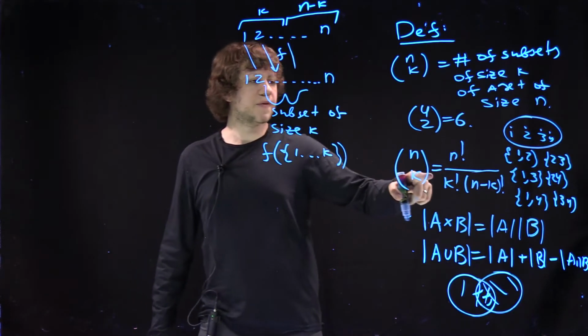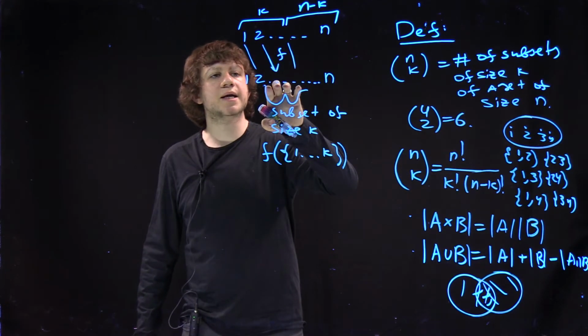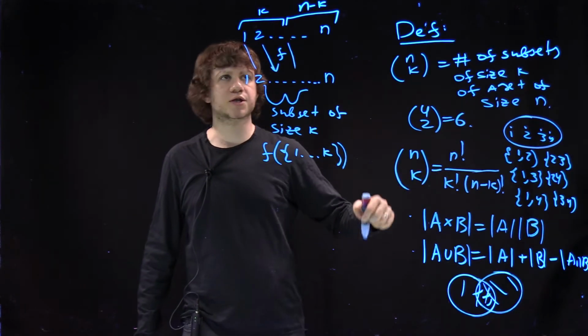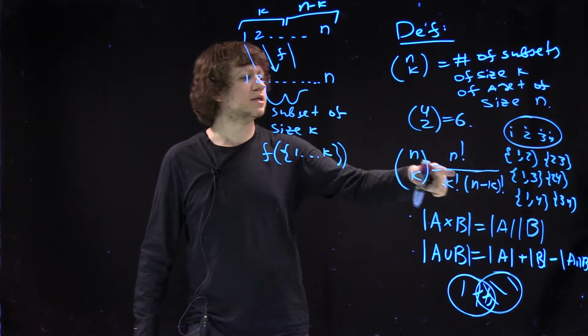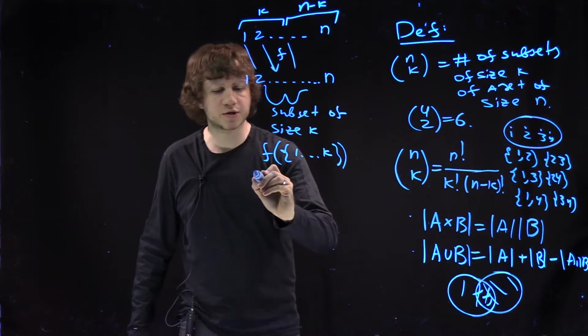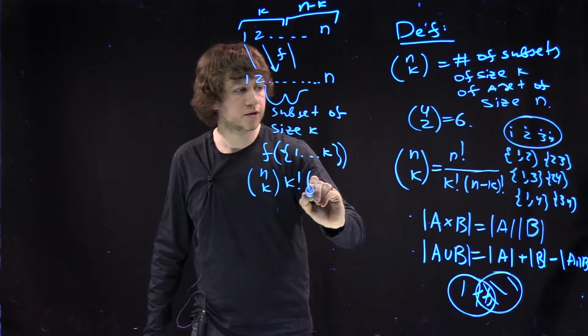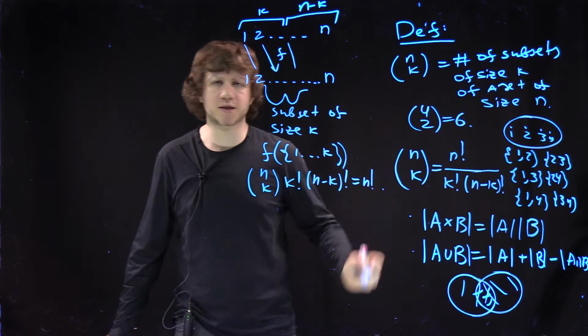Then you need to choose a bijection between the k elements and this subset, and there are k factorial such bijections, and a bijection from n minus k to the complement, and there are n minus k factorial such bijections. So n choose k times k factorial times n minus k factorial equals n factorial. That's the proof.